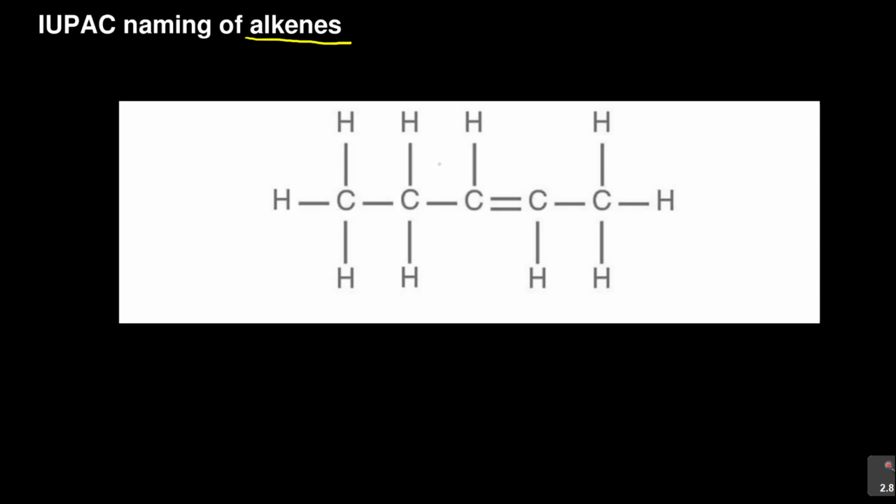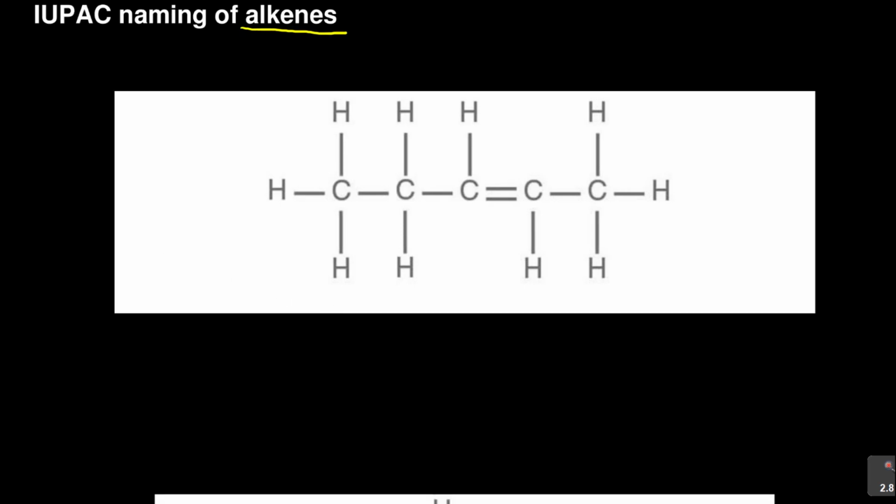Now the next thing is to try to convert this structure into a condensed structural formula. If I convert that, what do I have? I have CH3, CH2, then C double bond C, and then CH3.